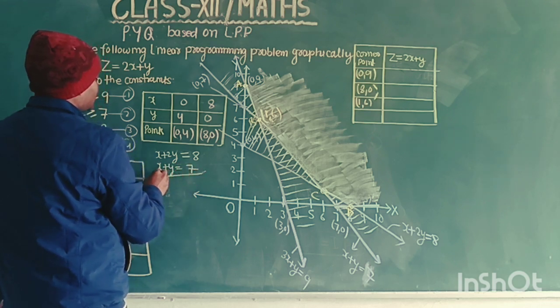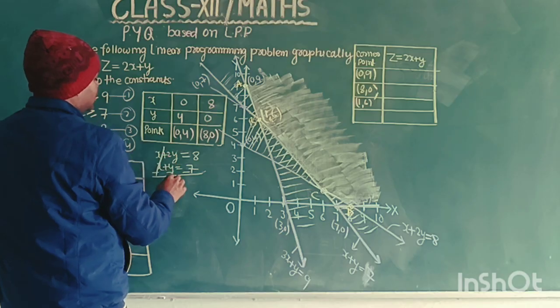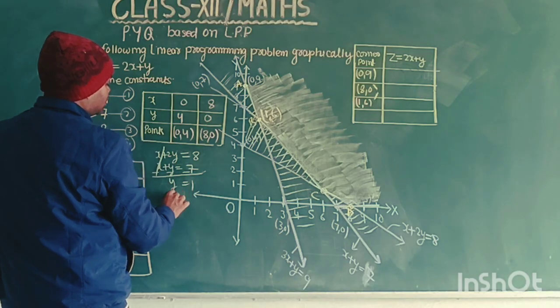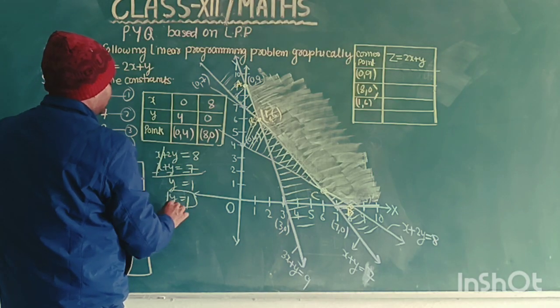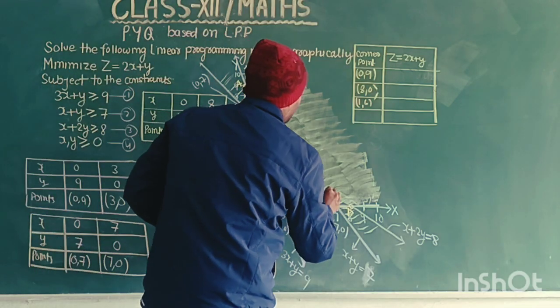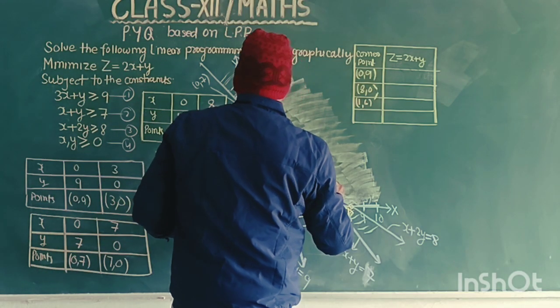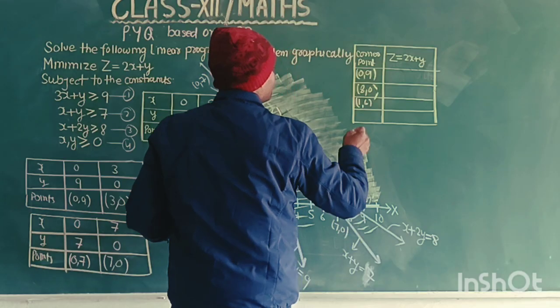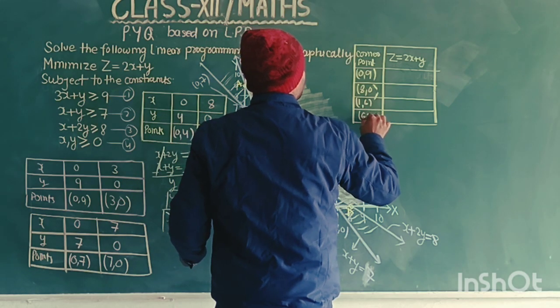Okay, cancel. This is y equal to 1, and x equal to 6. So the intersection point C is 6 comma 1.